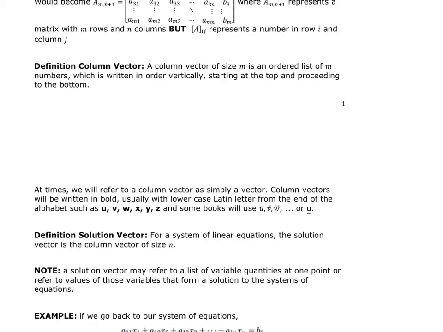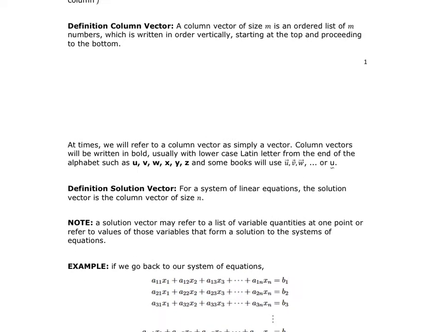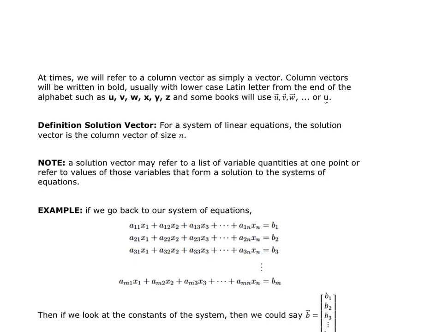When we're talking about a solution vector, we're really talking about a list of variable quantities at a singular point, or it could also refer to the solution to that system of equations. So when we say a solution vector, be aware that it could have two different meanings.